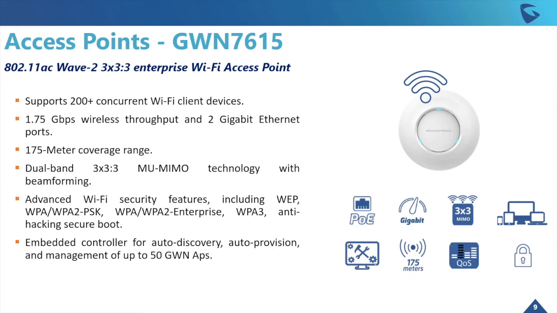It offers dual-band 3x3 multi-user MIMO technology and a sophisticated antenna design for expanded Wi-Fi coverage range of up to 175 meters. You can also use this model as a controller to manage up to 50 GWN APs.